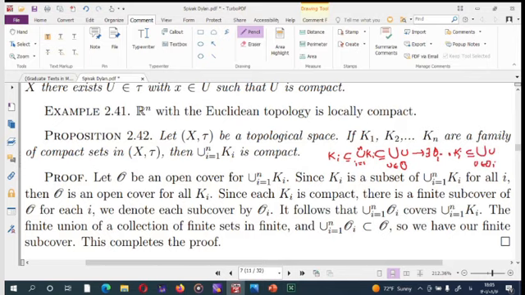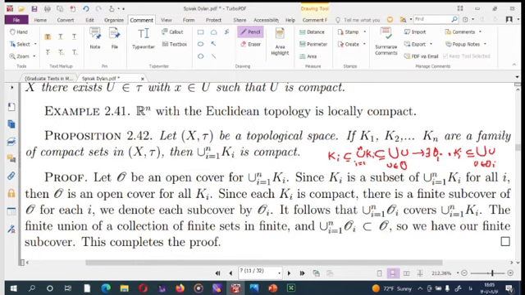This is a finite number of elements of O. So the union of Ki is a subset of the union of this set, but all of this is finite, because any finite collection of finite sets is finite.